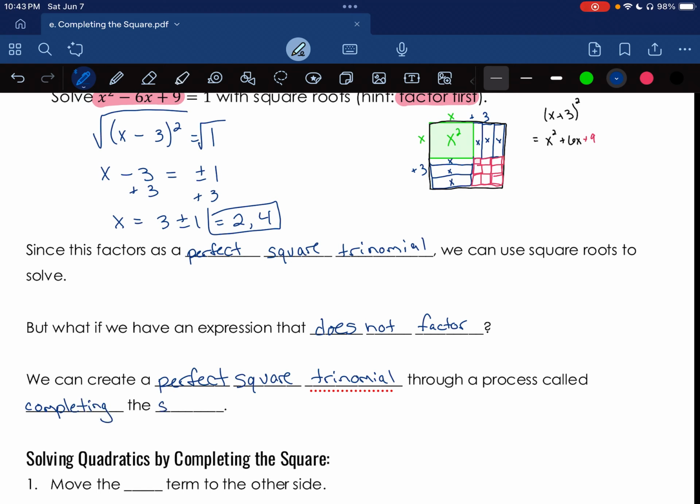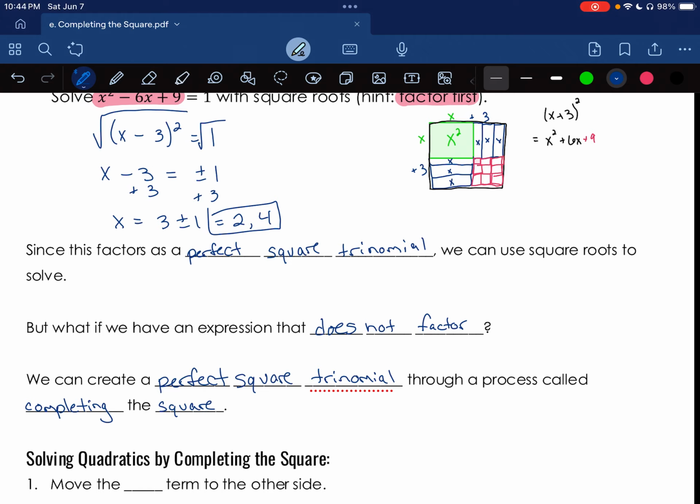What that means, right, is we're going to figure out what is this new perfect C value, the perfect amount of constants, or these pink unit tiles that we had, that will fill that in to create a perfect square trinomial.